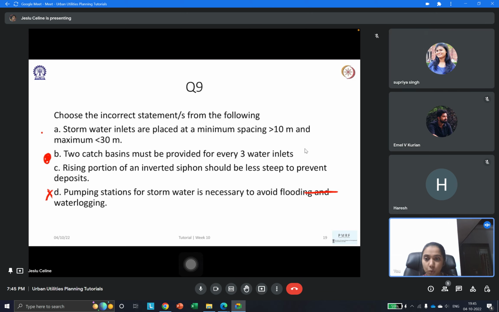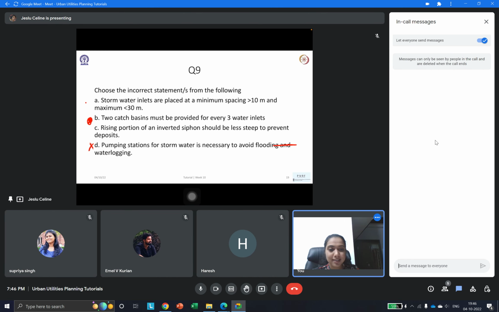And B, two catch basins must be provided for every three water inlets. Others can also attempt the question, or you can even put it in the chat box. Mr. Harish, ML, anybody can attempt.